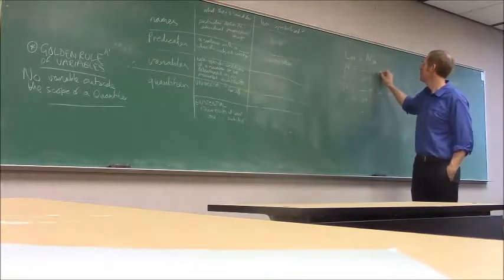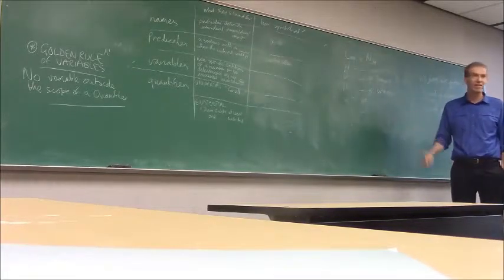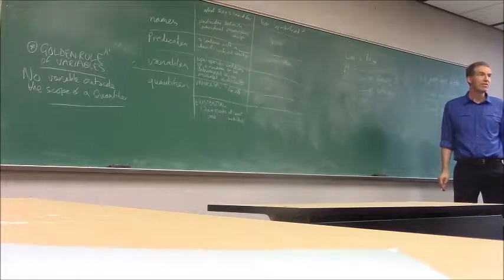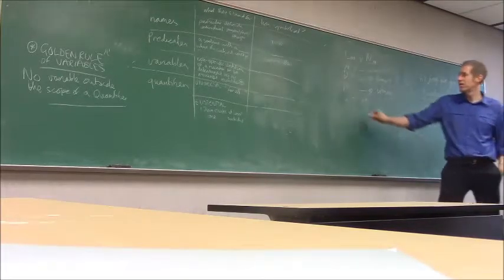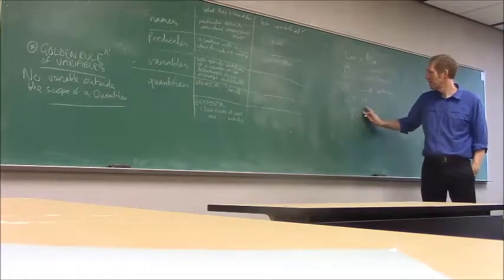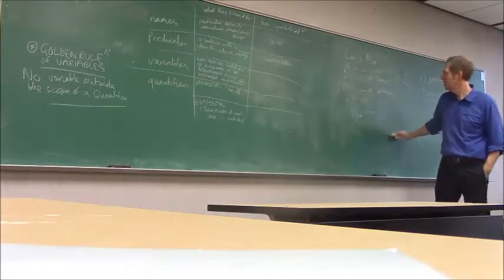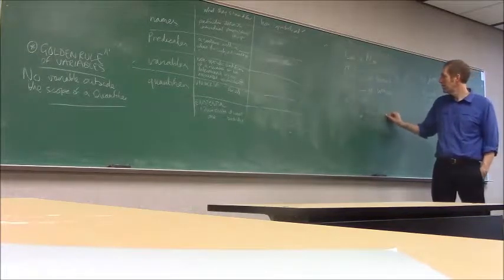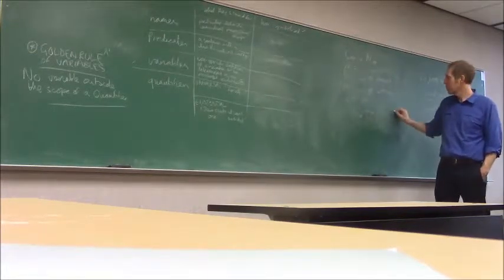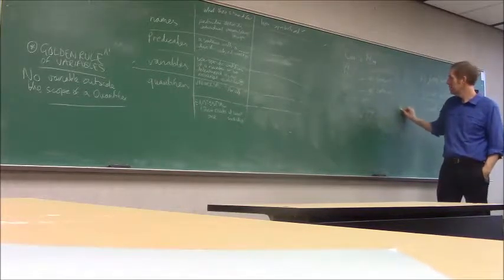Okay. So you symbolize it like if big W, little w, arrow, big D, little w, or, and then big M, little w.